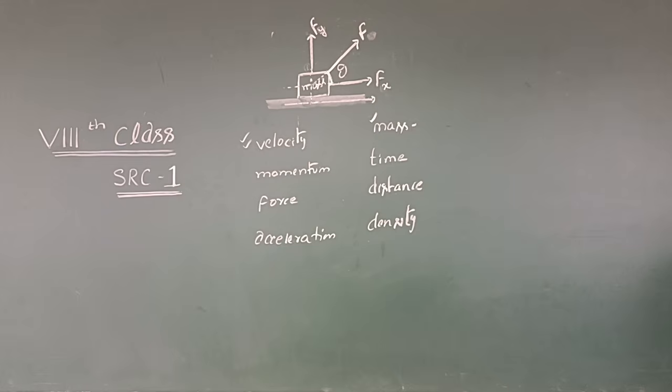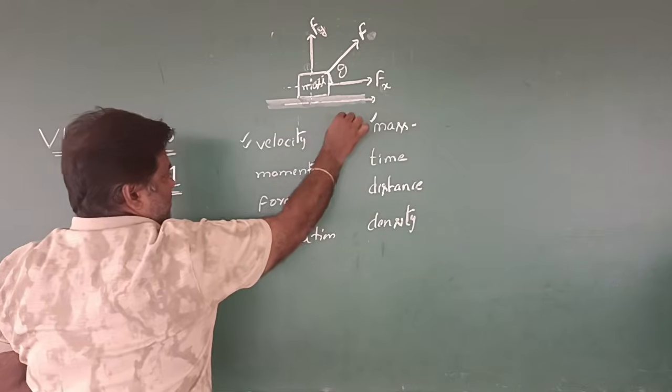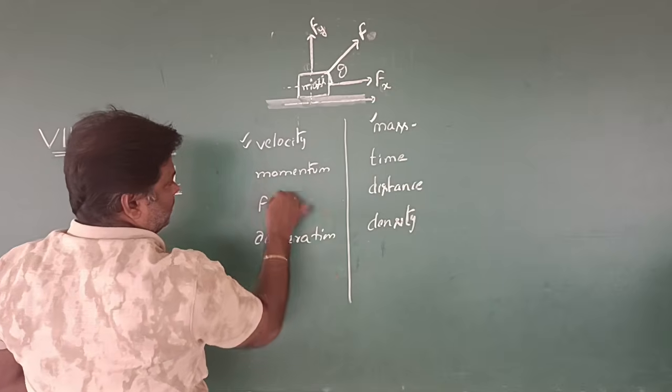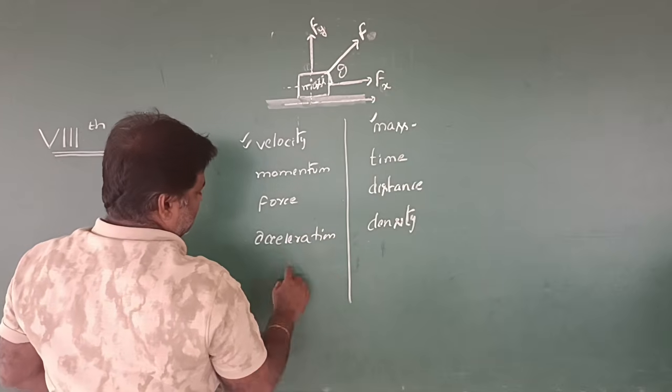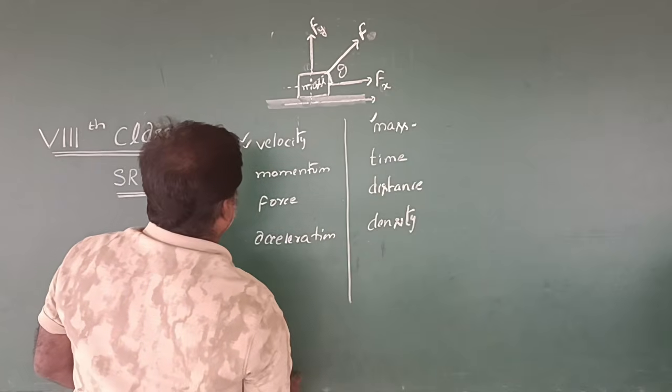Every vector will resolve into two components, Fx and Fy, and the vector is in the form F equals Fx i cap plus Fy j cap. After observing these two, you can write similar physical quantities like this up to 10. I have given 4 and you can continue it up to 10.